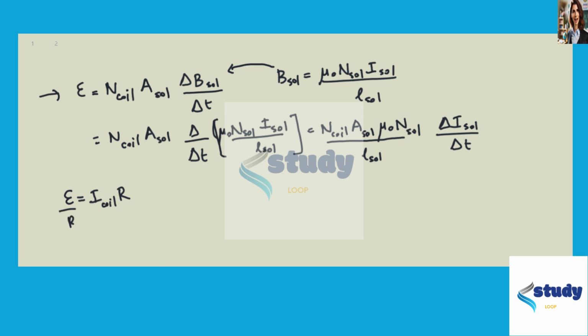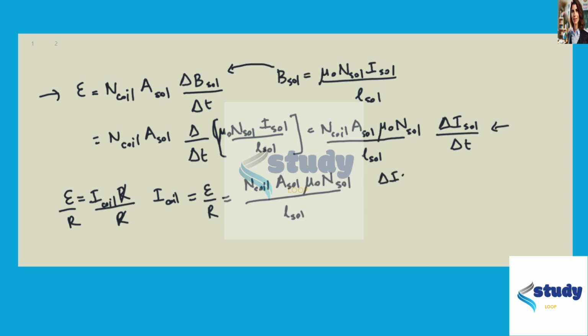So if I divide both sides by R, then I coil happens to be epsilon over R, which we found epsilon is this, right? N coil, A solenoid, mu naught, N solenoid divided by L solenoid, delta I solenoid over delta T. And now we have R in the denominator.